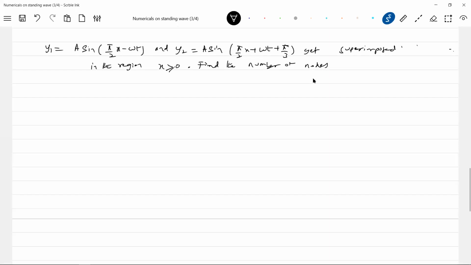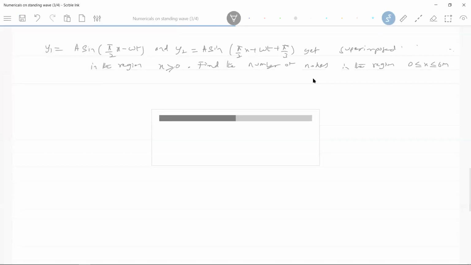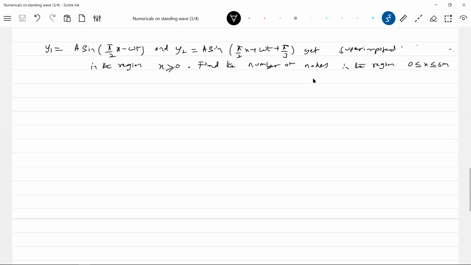find the number of nodes in the region 6 meter. Okay, it can happen. So there'll be a phase difference, pi by 3 is there. So let's go for superposition of this. Y is equal to y1 plus y2.